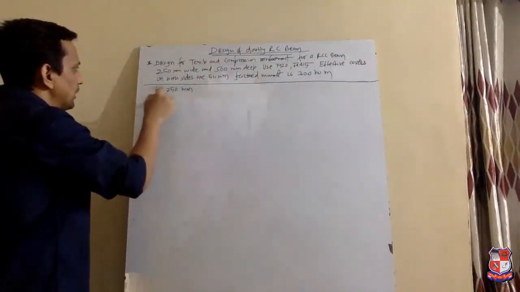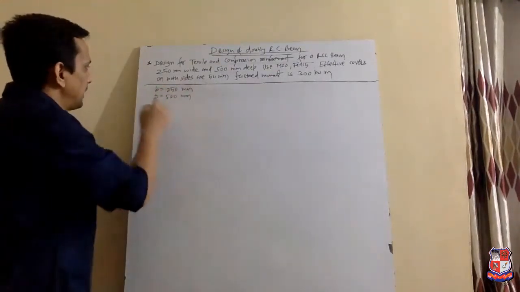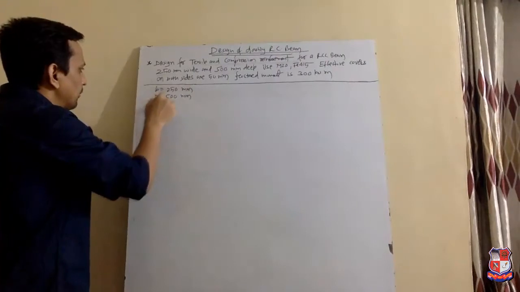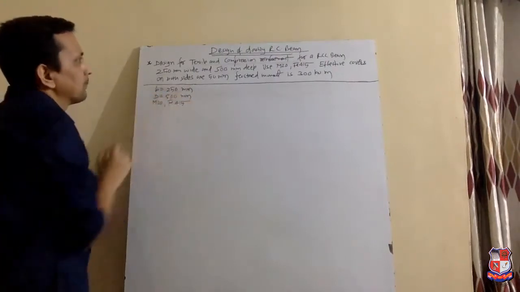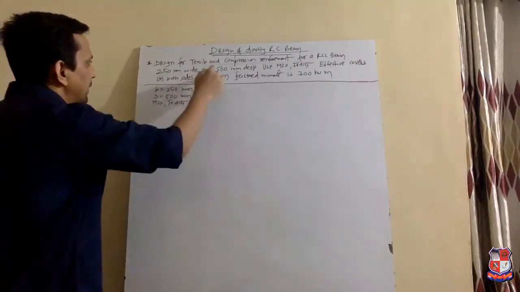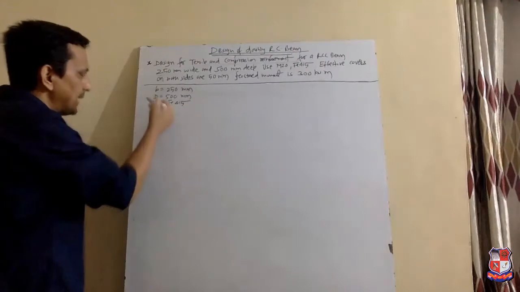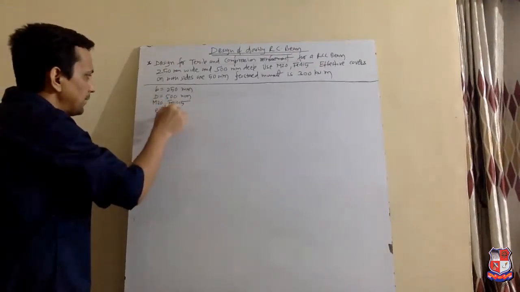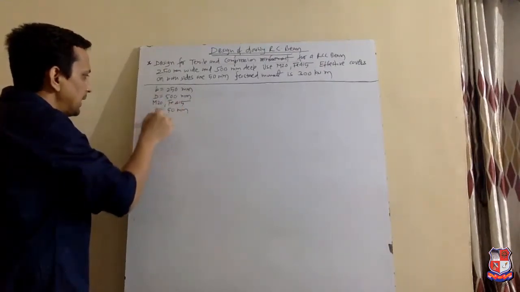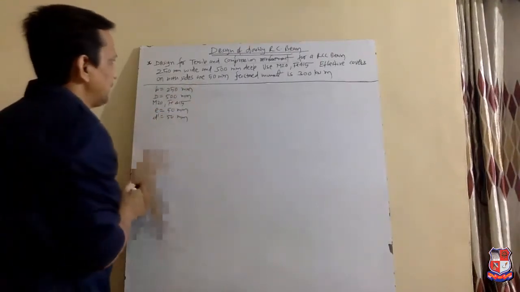Its overall depth 500 mm is given. M20 Fe415. Effective covers on both sides are 50 mm. It means small d, the effective cover in tensile zone is 50 mm, and d dash, the effective cover in compression zone, is also given 50 mm.